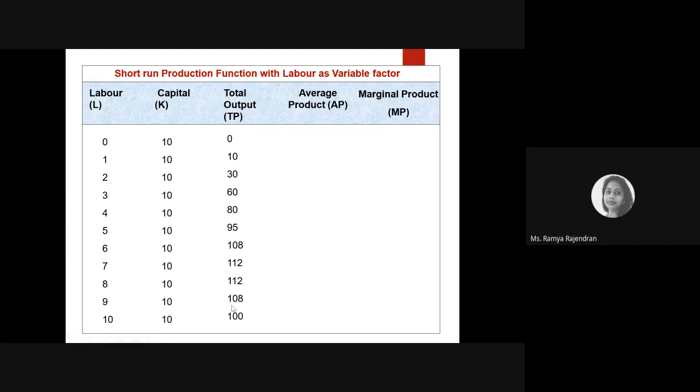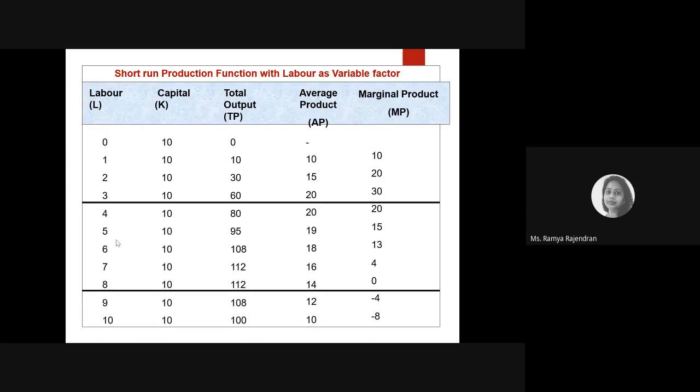Okay, so what is average product? When you divide the total output by the variable factor. Here labor is the one which is changing, a variable factor, whereas capital remains the same. So the average product is computed by dividing the total output by the variable factor, which is labor.